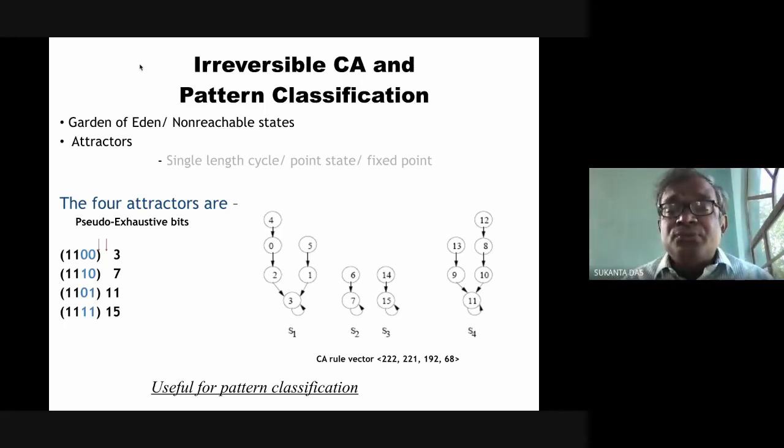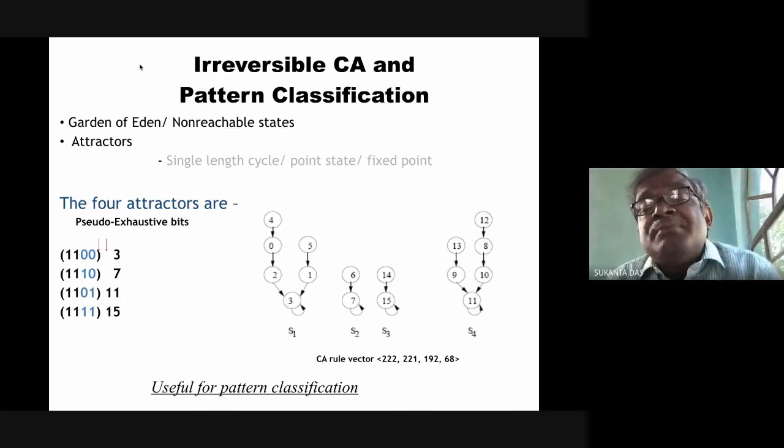If the cycle has a length of one, then that kind of cellular automata is called a multiple attractor cellular automata. These multiple attractor cellular automata can be used to classify patterns.